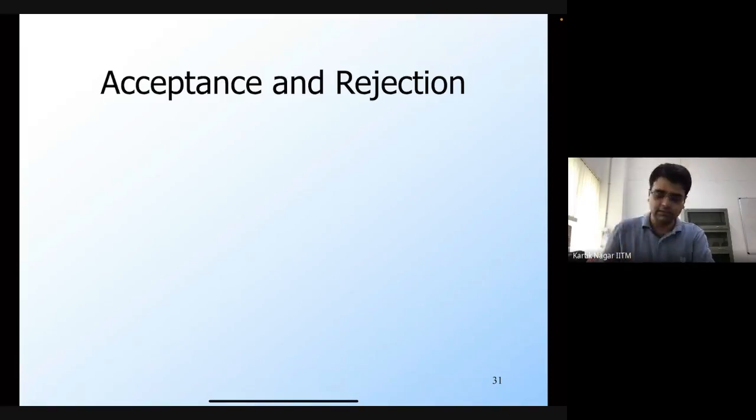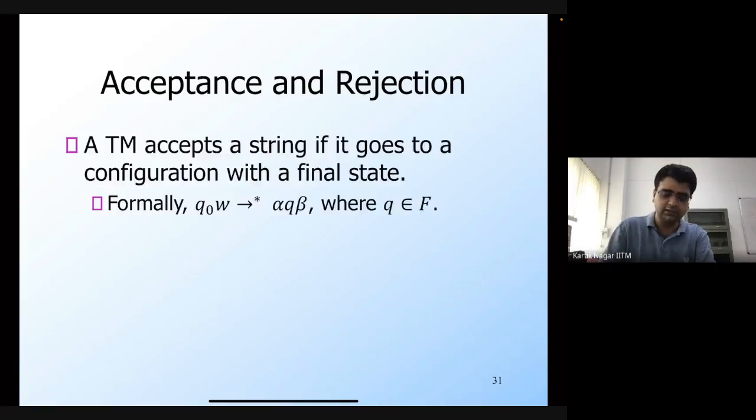Okay. So let's define the acceptance and rejection criterion for a Turing machine. A Turing machine accepts a string if it goes to a configuration with a final state. So we use the final state in order to determine whether or not a string is accepted.